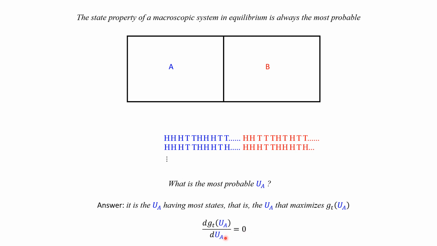And notice that we are treating the energy as a continuous variable here, even though we know that the energy is discrete. And what allows us to treat this discrete variable as continuous is the fact that the systems are macroscopic. So the energy levels are so close to each other that we can treat the energy as a continuous variable.